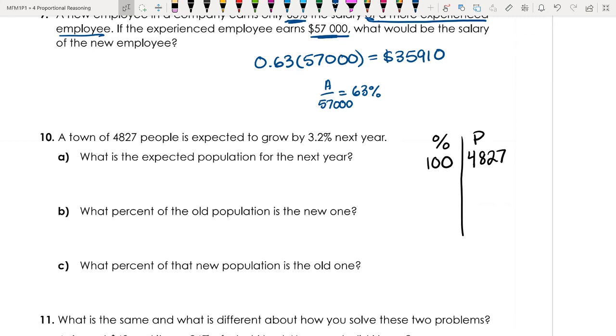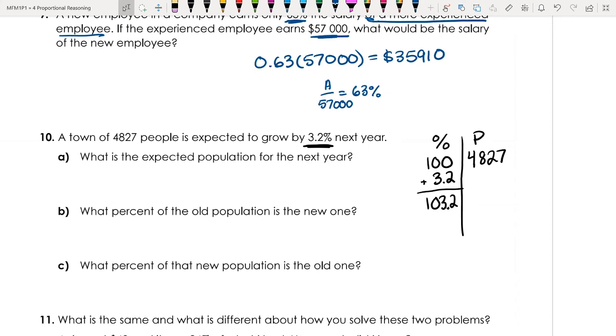What other information do we know? We know that it grew by 3.2% in 1 year. So it grows by 3.2%, and if it grows, that means we have to add that amount, and what do we get? 103.2%.